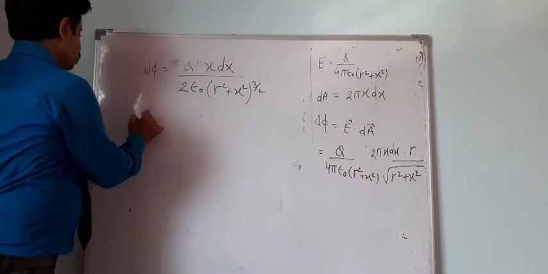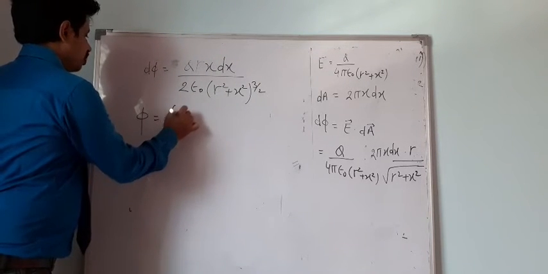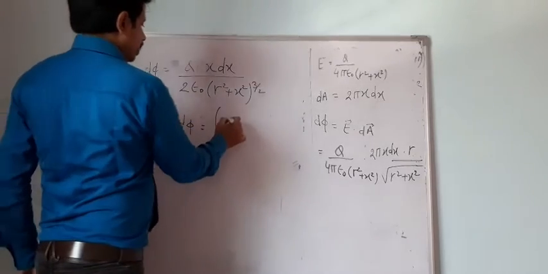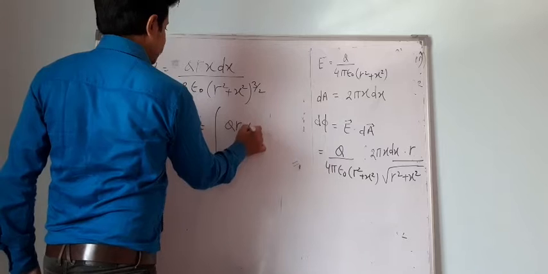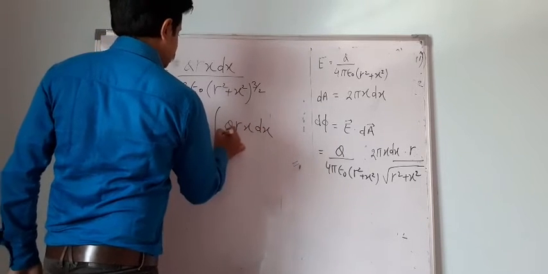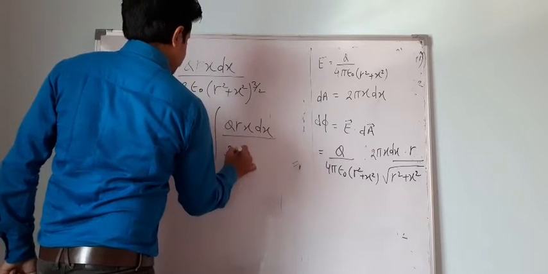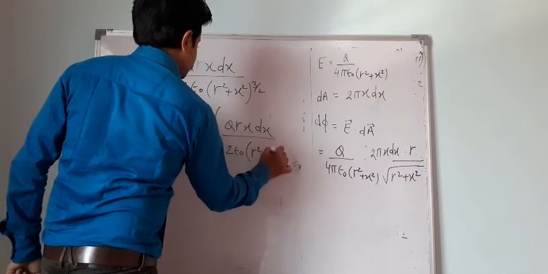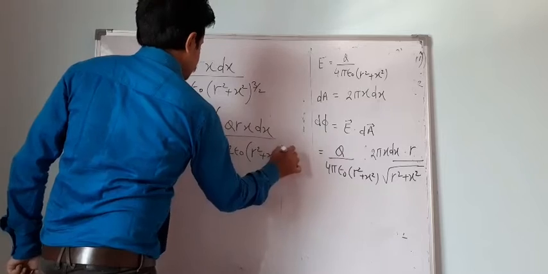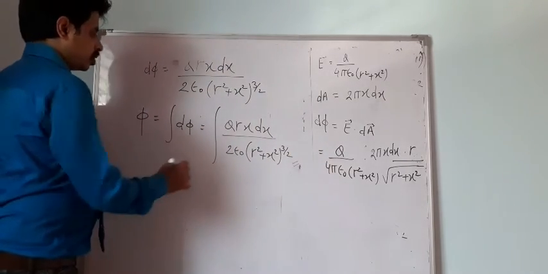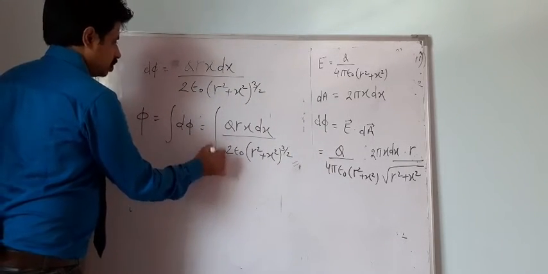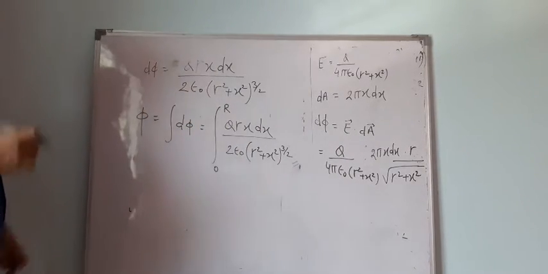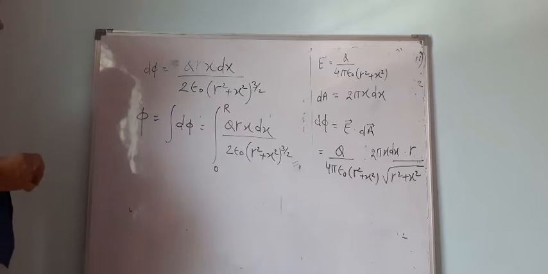So phi is equal to what? Integral of d phi, that is integral of q r x dx upon twice epsilon naught (r square plus x square) to the power 3 by 2, from x equals 0 to x equals capital R. So this is the thing.